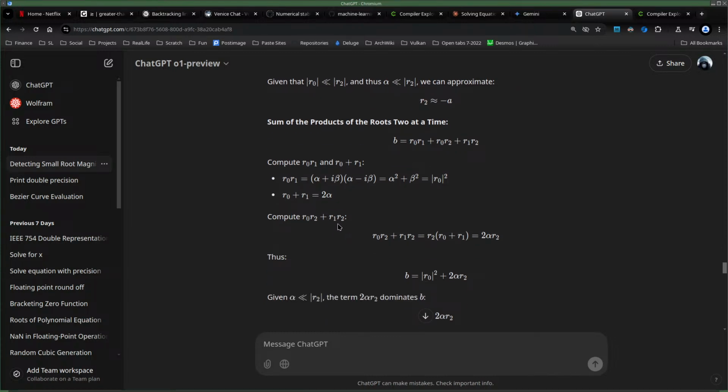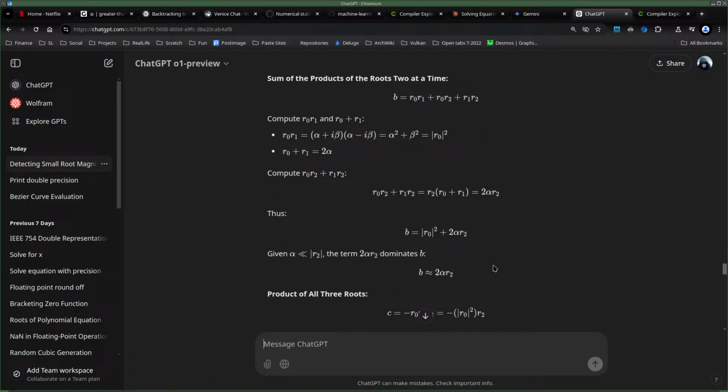Compute the remaining stuff. So B is the absolute value of R squared plus 2 alpha R2. Yeah.